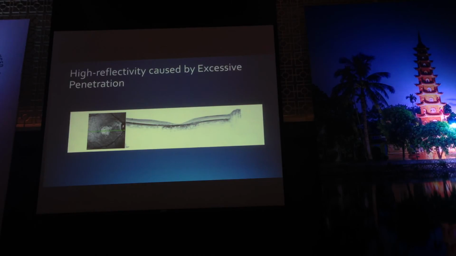It's more highly reflective because you lost all this tissue, and the OCT light can penetrate more and cause higher reflectivity. This is geographic atrophy.